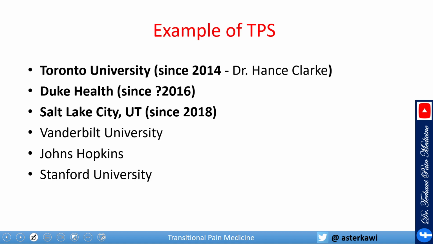So we have a handful of good, successful examples of establishing transitional pain service. This concept actually started at Toronto University. The oldest one was by Dr. Clark. And then Duke, Salt Lake, Stanford, Vanderbilt, and Johns Hopkins also have different examples.